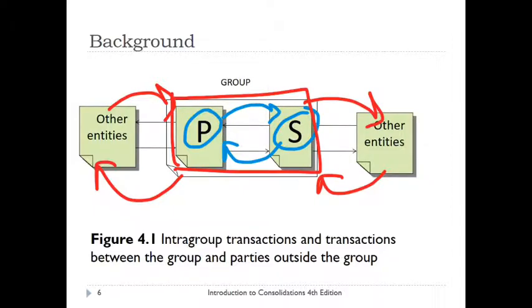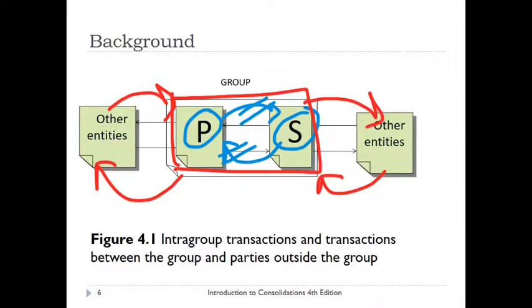And from the group's point of view, these transactions cannot be recognized in the consolidated financial statements because it's not considered to involve third parties outside the group. It would be as if the company entered into transactions with itself, coming from that single economic entity principle. And therefore, the effect of those intragroup transactions have to be eliminated.